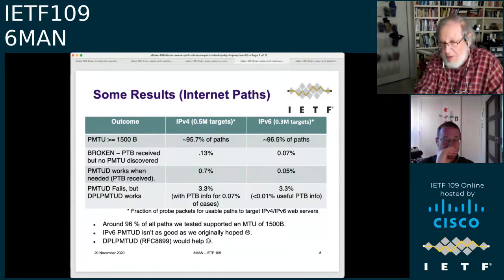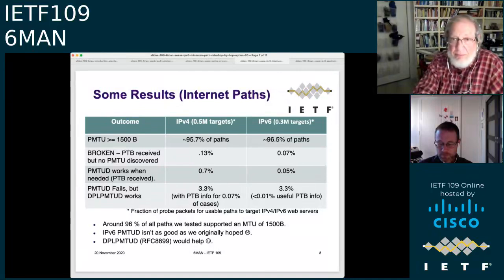So the first bit of good news is that from these target locations, which are arguably not ISP edge locations, we know that, but from these locations, most of the paths got path MTUs greater than 1,500 bytes, and that applies for IPv6 also.